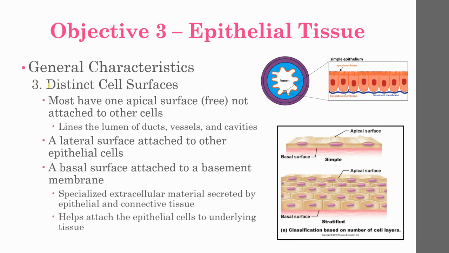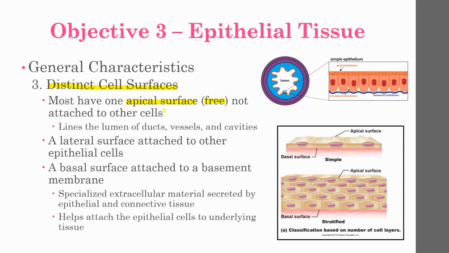Now they have distinct cell surfaces. This is going to be one of the characteristics that's unique to our epithelial tissue. They're going to have what's called an apical surface, which is free. It's not actually touching or attached to other cells. So in spaces where there's cavities or holes, like in a blood vessel or a hollow organ, they will line those, and that's where you'll find that apical surface.